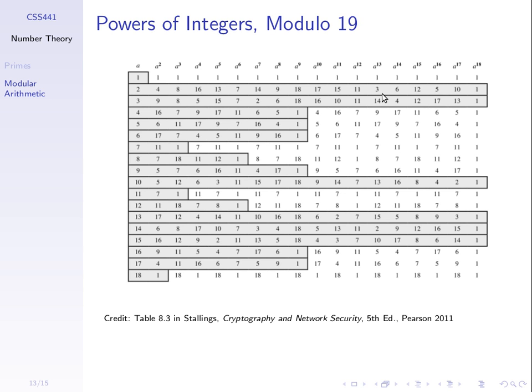Similar to the table we drew, 2 to the power of 13 mod 19 equals 3. Therefore, the discrete log of 3 in base 2 mod 19 equals 13. So that one requires a lookup table because we take time to solve it ourselves.